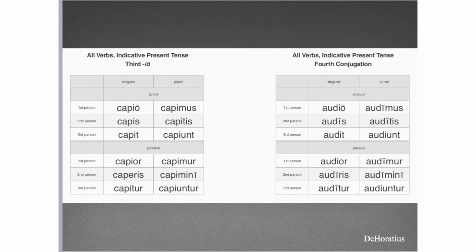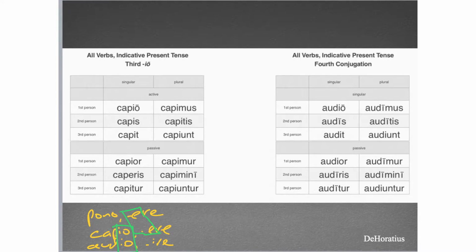So, a couple things. If we look at pono, ponere, and that's from the previous slide, capio, capere, and audio, audire, you'll see kind of a double overlap, if you will. With these guys, you've got the ERE that overlaps, and with these guys, you've got the IOs that overlap.